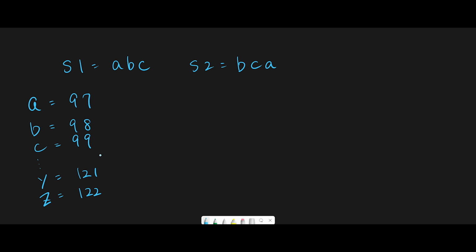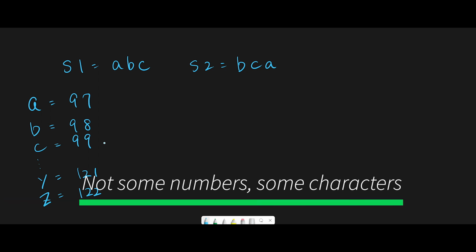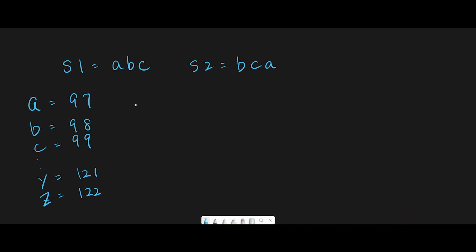I'm not sure about all ASCII values, but maybe some characters have a big ASCII value. In that case, we will face out of bounds, or we use a lot of memory, maybe. So before you use this method, ask interviewers what type of characters the input strings consist of. And if they say only lowercase English letters, then we can use this method.